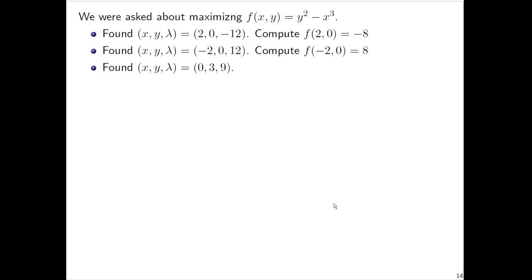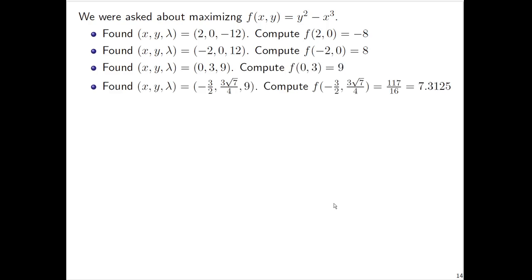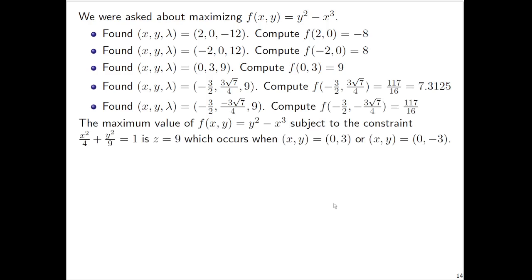Another one was 0, 3, 9. We only need the 0 and the 3, so f of 0, 3 is 9. And then here's another one. f at that x and y value leads to 117 over 16, which, sorry to use a calculator here, is 7.3-ish. And then at this other x, y, lambda combination, we also get the value 117 over 16.